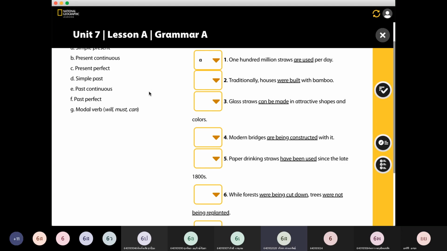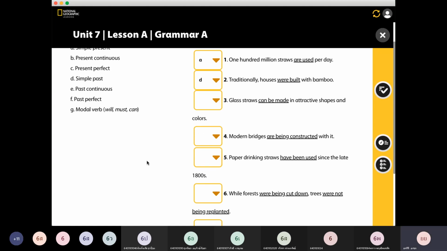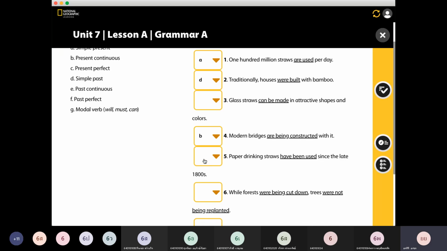Number 2, D. Okay, number 2, so you mentioned past simple. Number 4, B. Okay, number 4, you talk about present continuous.